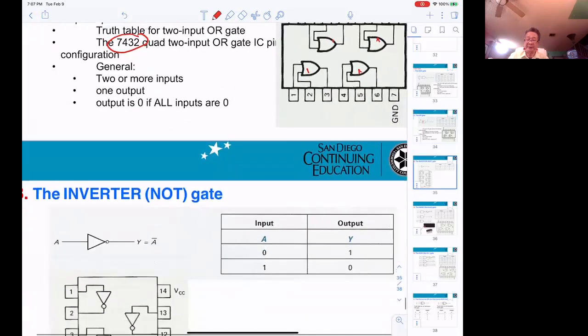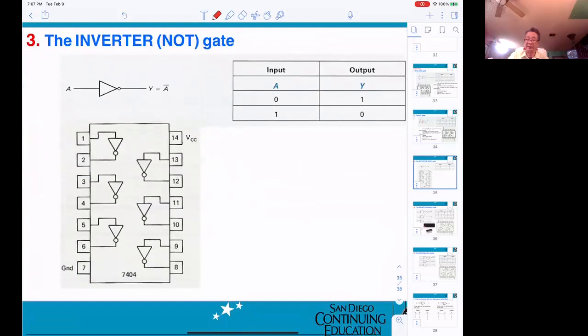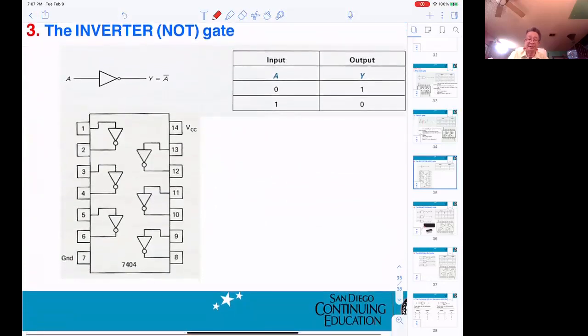Okay. Inverter. This is the inverter, and you see the bubble right here. That means not. A here, and you get not A. That means 0 here, you get 1. 1 here, you get 0.